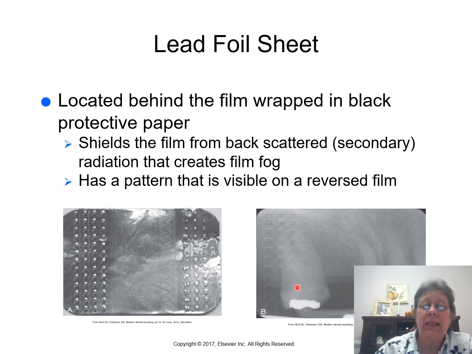And remember what I said, this lead foil helps prevent the x-ray beams from traveling farther than we want them to go. So since it's harder for the x-ray beam to penetrate this lead foil, we have an x-ray that is very light, or it has what we call film fog on it. It looks kind of foggy, like looking out your window when there's a lot of fog outside after it's rained.